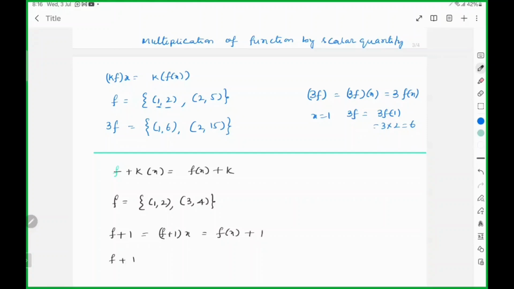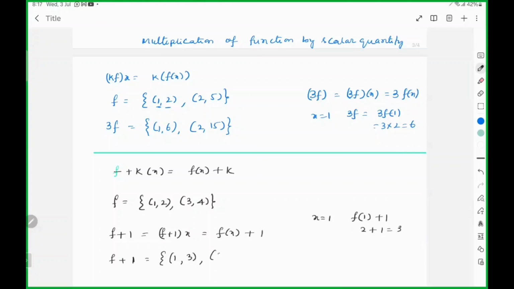So how do you write f plus 1? x will not change, as I have been discussing in all the examples. For x equal to 1, f of 1 plus 1. f of 1 here is 2 plus 1, 3.